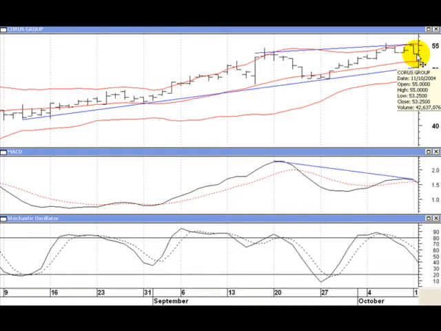But we would equally want to bear in mind that we need to put in a tight stop loss, and not only a stop loss but a target level. Stop loss, we might say, well, it shouldn't go above 55 pence, and certainly not above the recent high of 55.5, otherwise we know we are wrong.